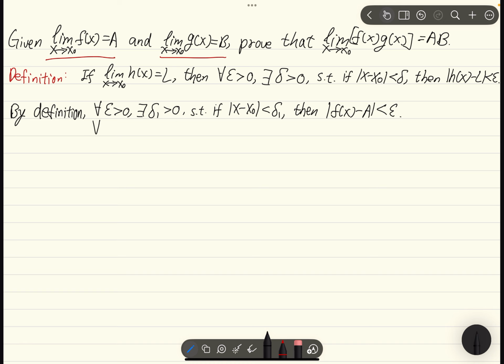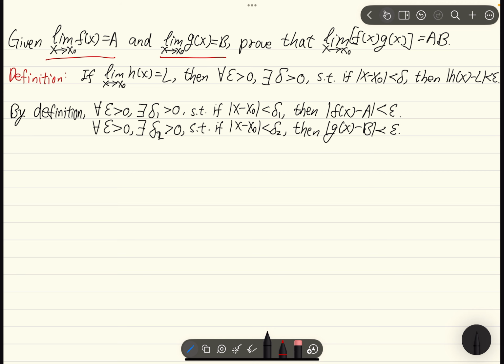And similarly, for all epsilon greater than 0, there exists a different delta, delta 2 greater than 0, such that if |x minus x naught| is less than delta 2, then |g(x) minus b| is less than epsilon.